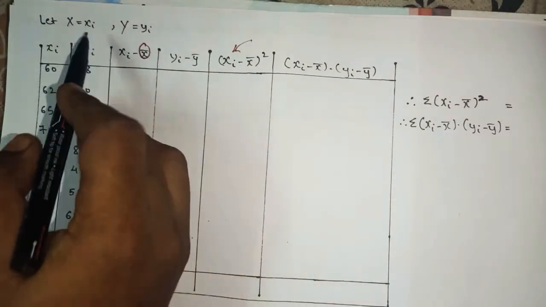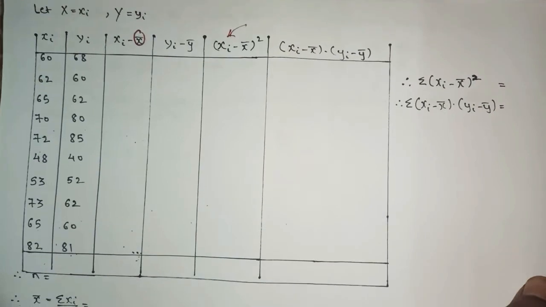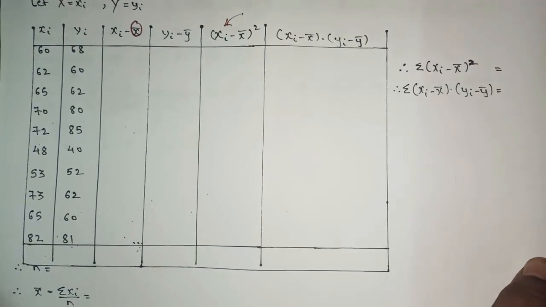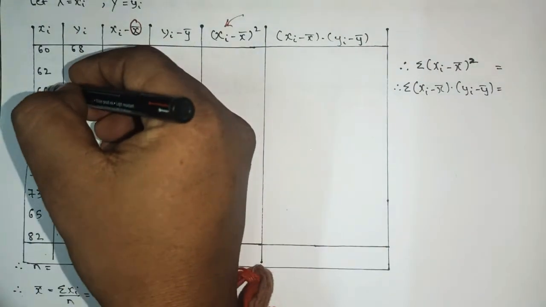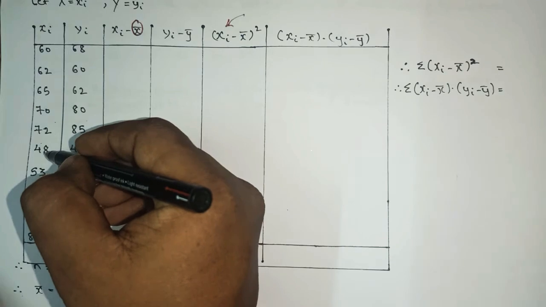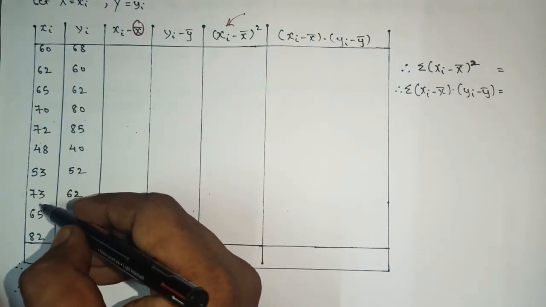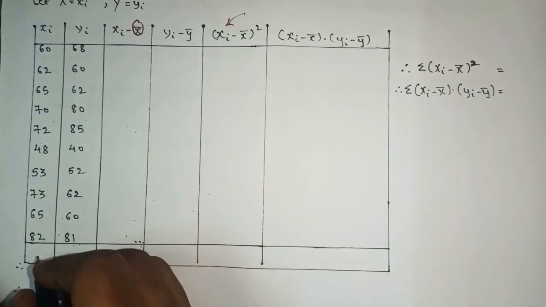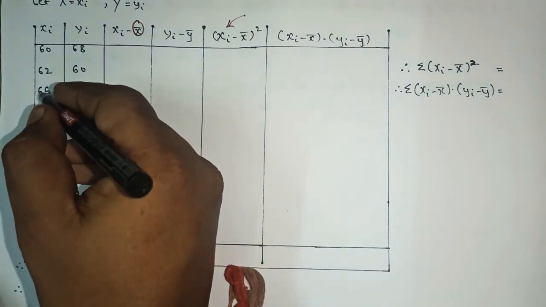The first step is to write: let capital X be xi, capital Y be yi. Now after that we'll find the totals.